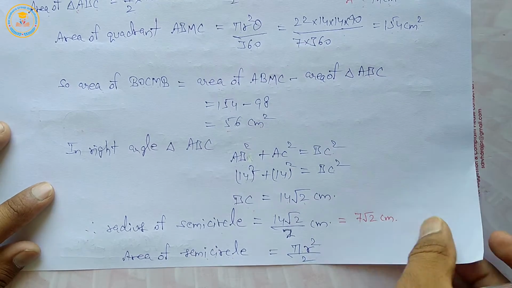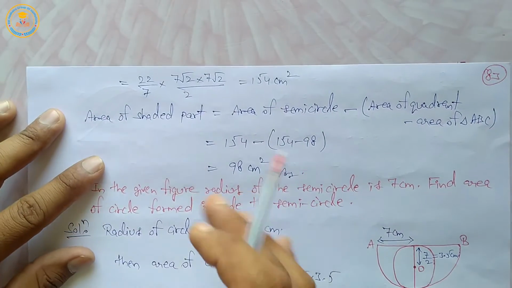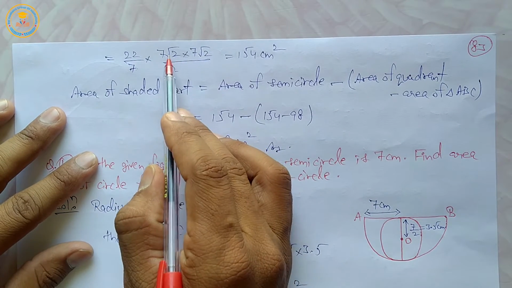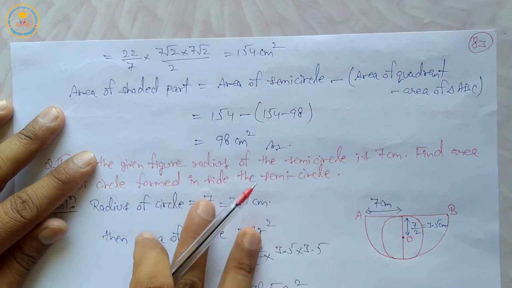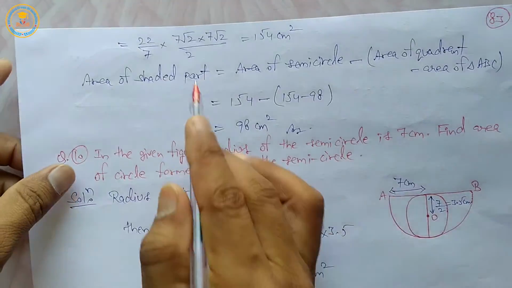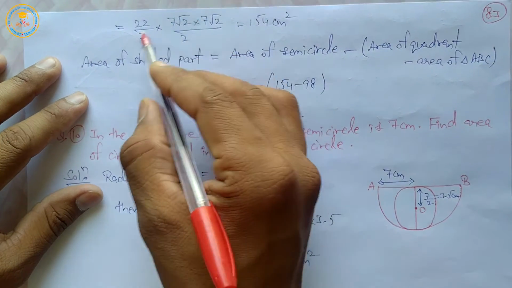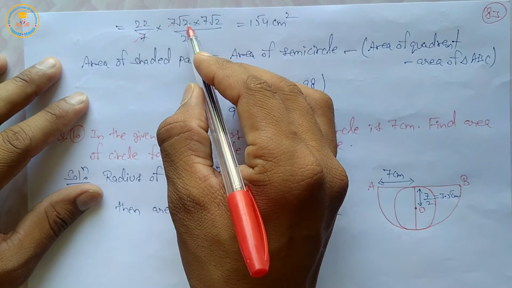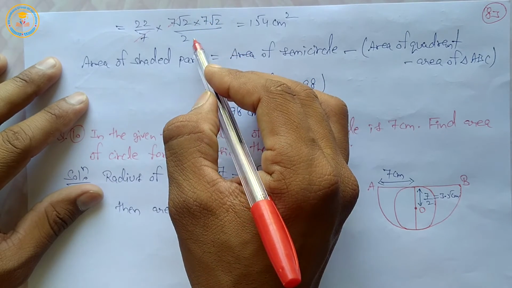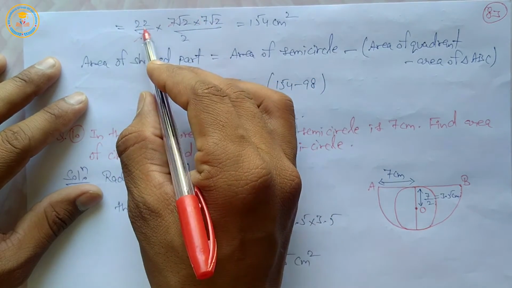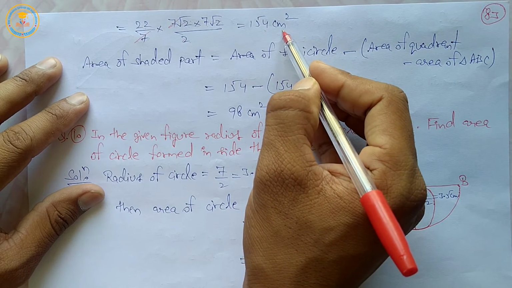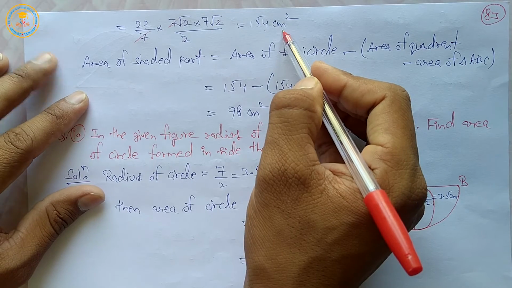So area of semicircle, pi means 22 upon 7, r square means 7 root 2 squared, divided by 2. Cancel out 7, root 2 into root 2 means 2, so 22 into 7 means 154 centimeter square.